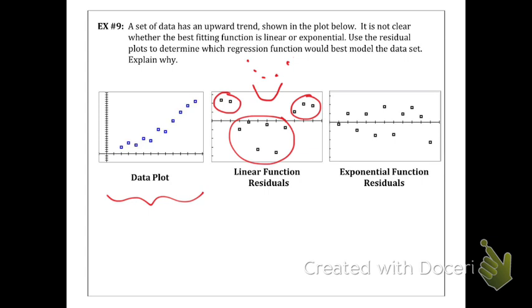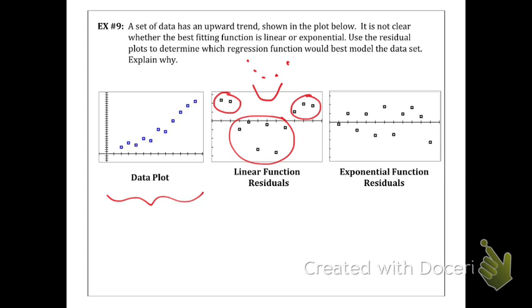I mean, it's not as nice as if they'd have given us a pattern like this. But we kind of see it matches. There's a little bit of a pattern going on there, where for the exponential function, we don't really have a pattern. Also, for the exponential function, almost all of the data points are closer to that x-axis, so it's a little bit better of a fit there. Okay, but these both might have been things that when they ran the regression, their r-squared values were super close. Which one's better? Well, the one that we don't see any pattern with, okay?